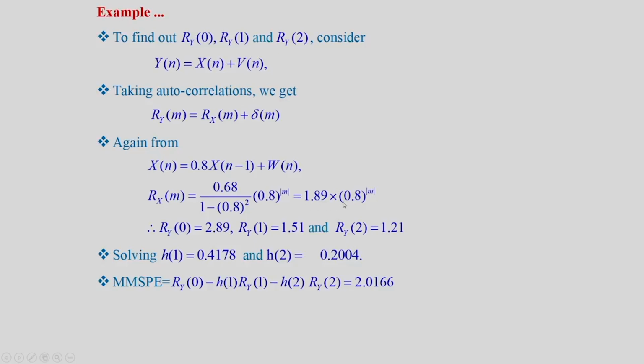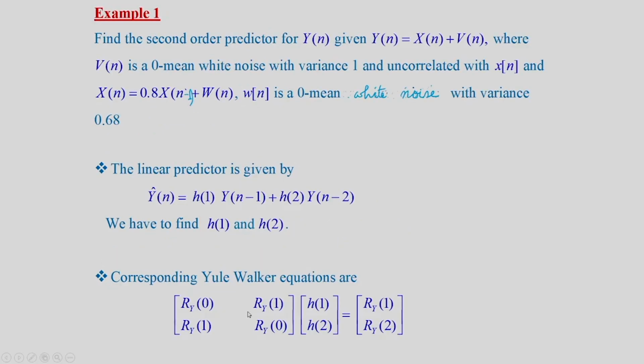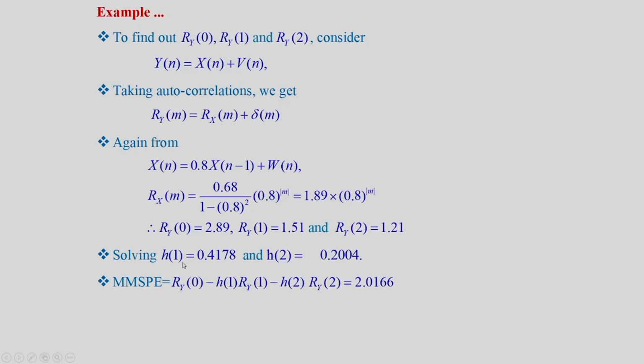Using this relationship and this expression, we can find out these values of Ry0, Ry1 and Ry2. So, all these values are known, therefore, we can find out h1, h2 by inverting this matrix and then multiplying with this vector. That way we will get h1 is equal to 0.4178 and h2 is equal to 0.2004.